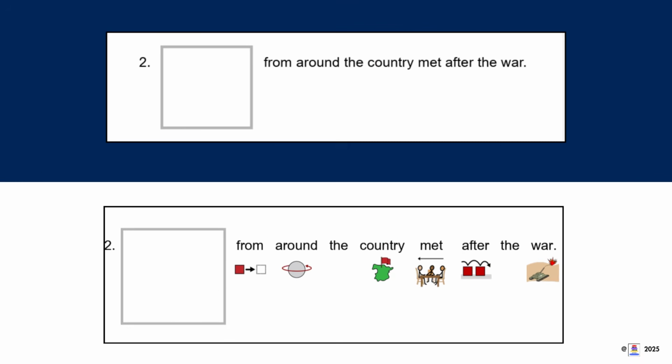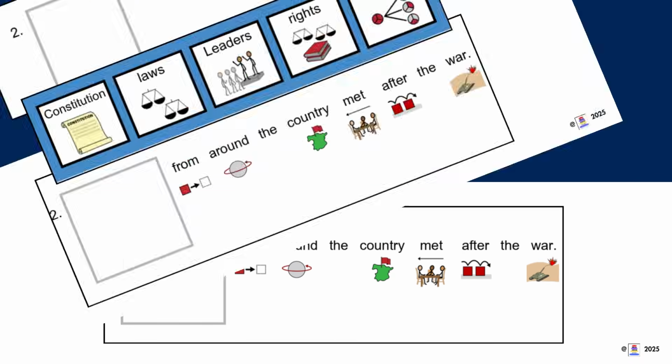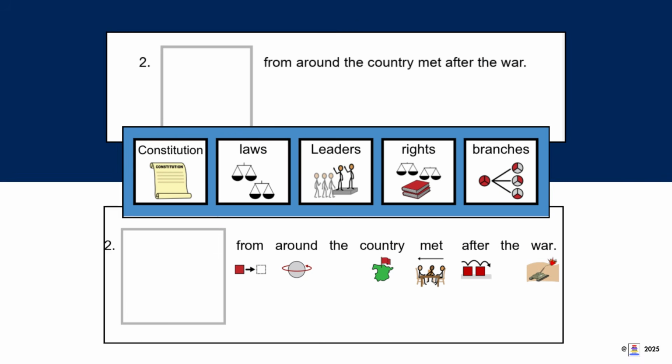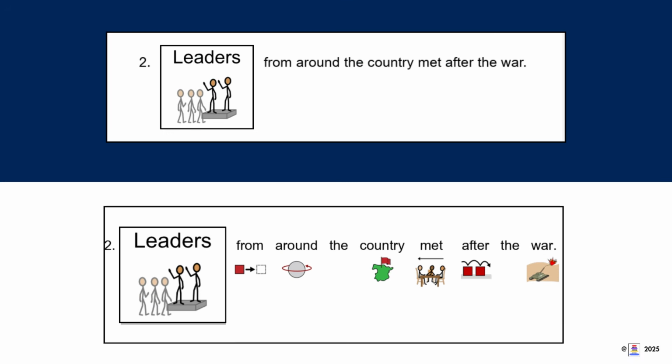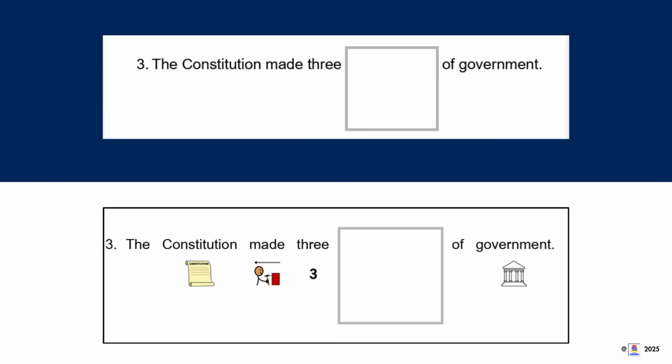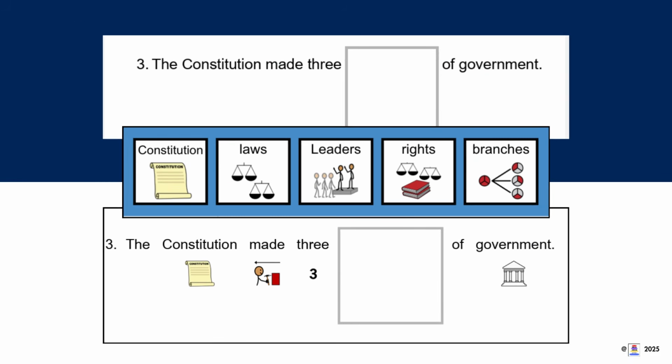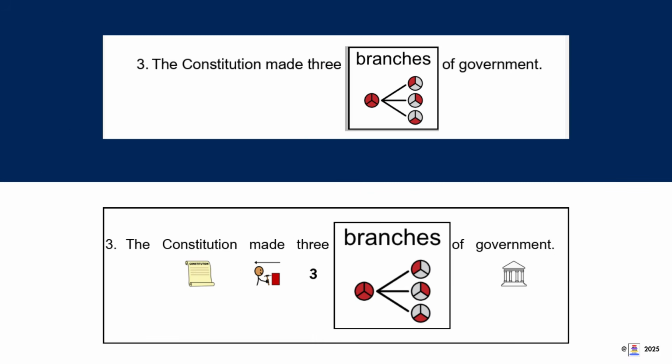Number 2. Blank from around the country met after the war. Leaders from around the country met after the war. Number 3. The Constitution is made up of 3 blank of government. The Constitution is made up of 3 branches of government.